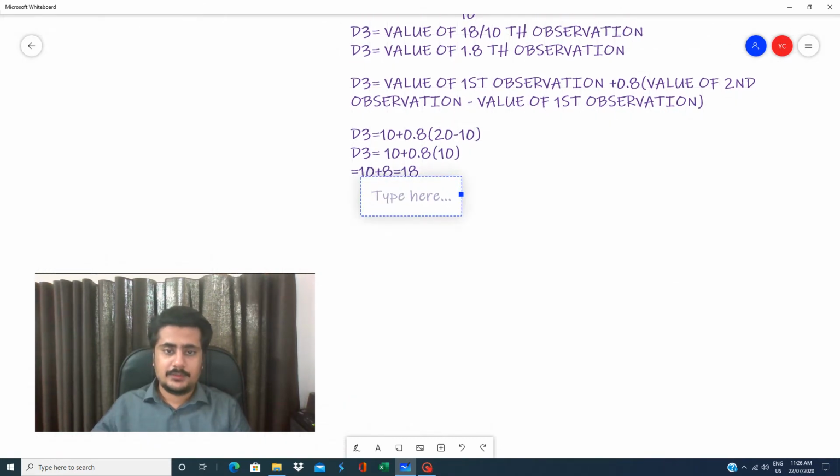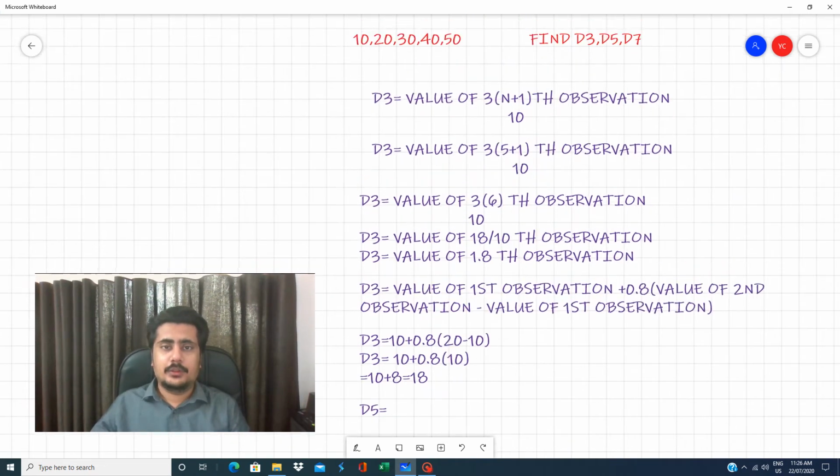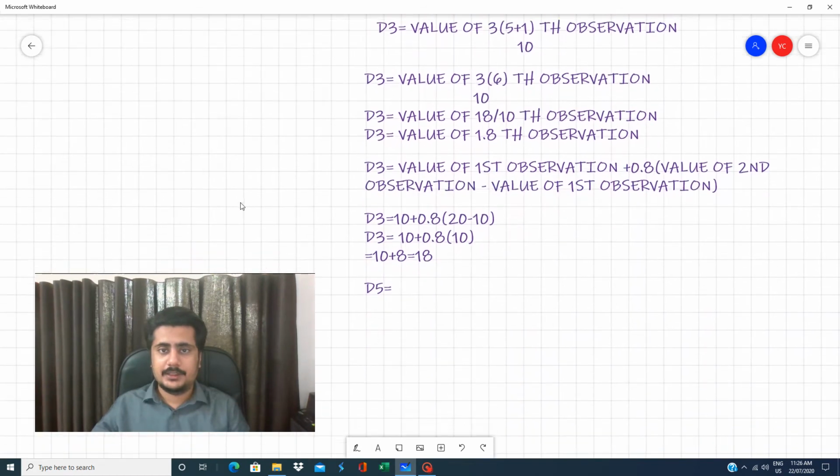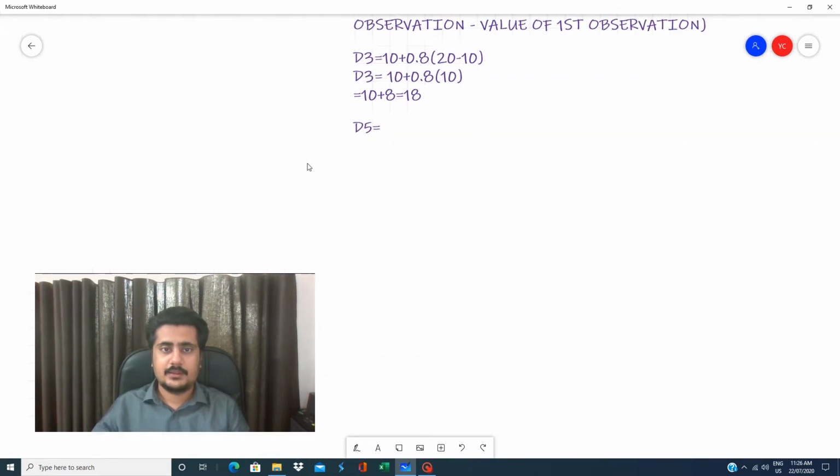Now same way let us find D5. Okay, what we were going to find? D3, D5 and D7. So let us find D5. Now what will be formula here?